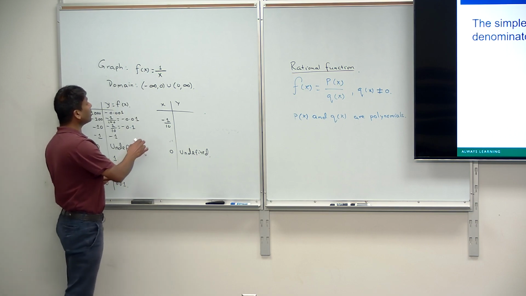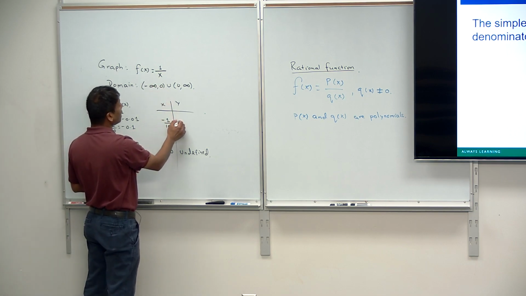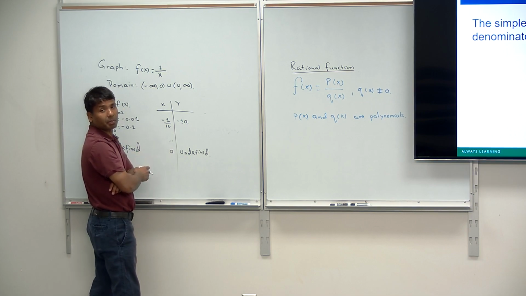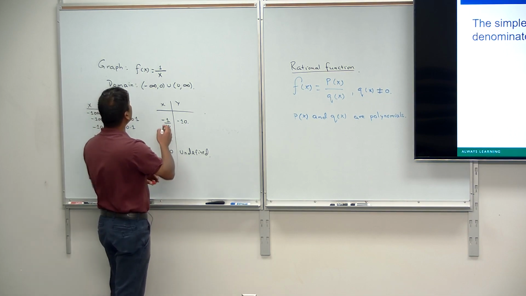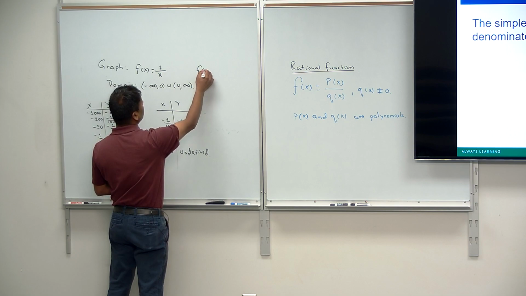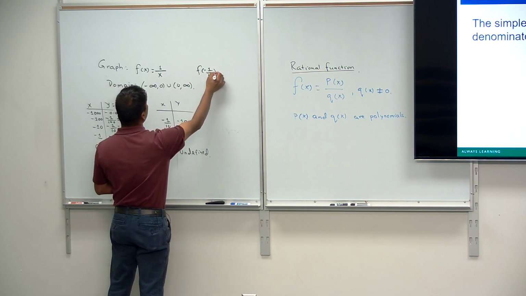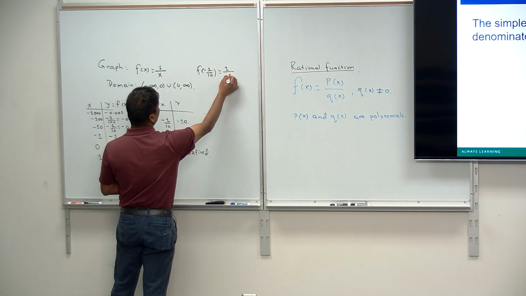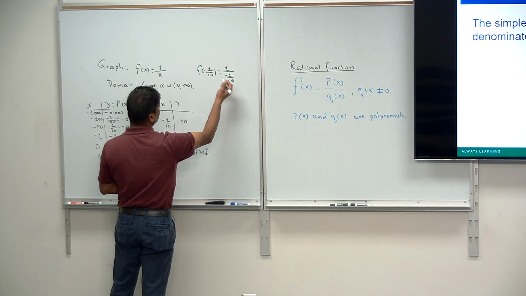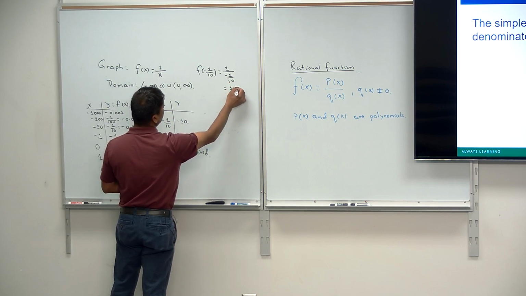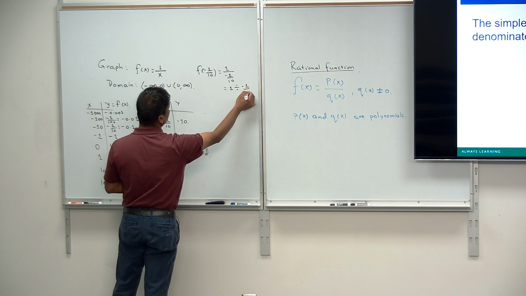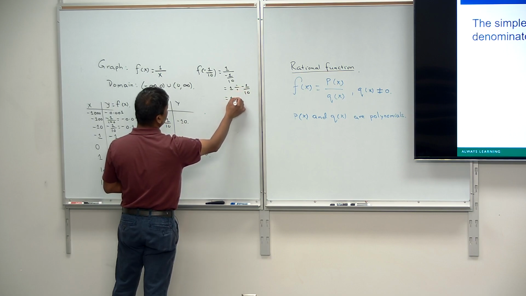If I plug in x equal to negative 1 over 10, it will be negative 10. Agree? Because f of negative 1 over 10 is 1 over negative 1 over 10, which is the same as 1 divided by negative 1 over 10. So this is 1 multiplied by 10 over negative 1. What is that?